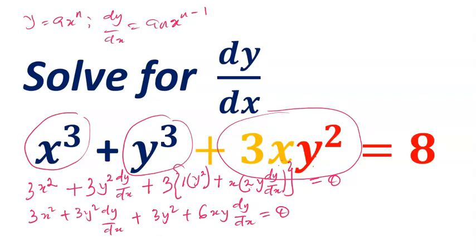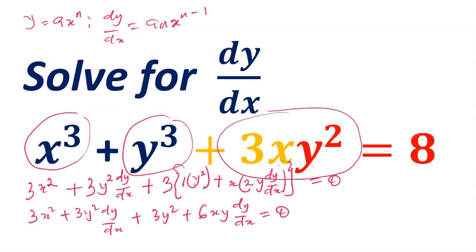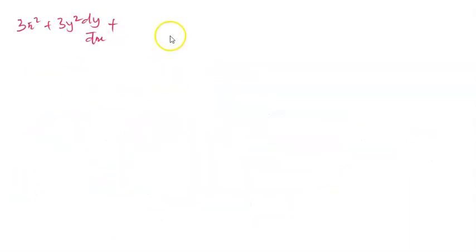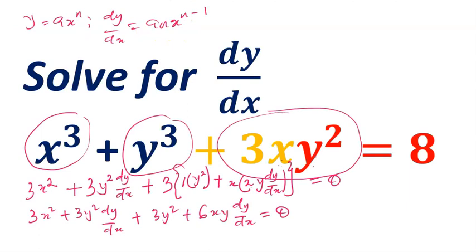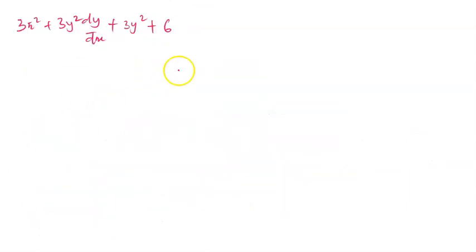So my final equation now becomes 3x squared plus 3y squared dy/dx plus 6xy dy/dx is equal to 0.